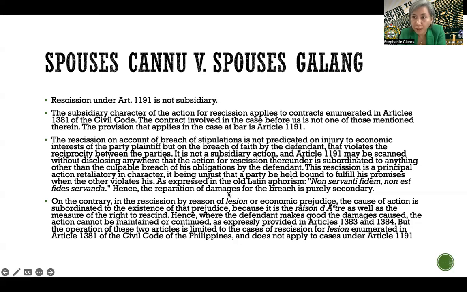So you do not apply the ground of economic prejudice or lesion to cases not otherwise enumerated in Article 1381.